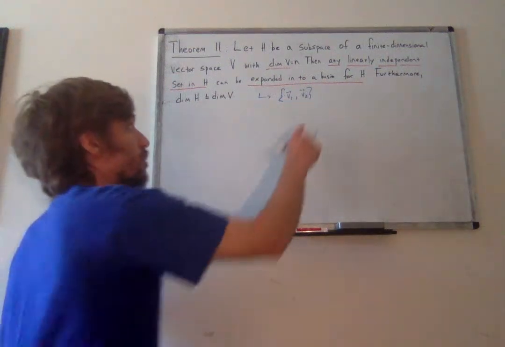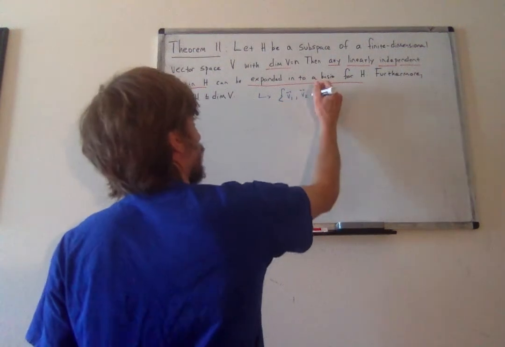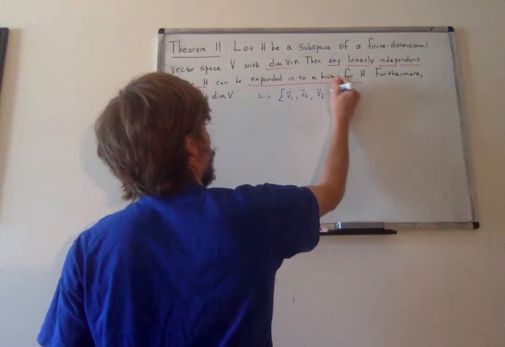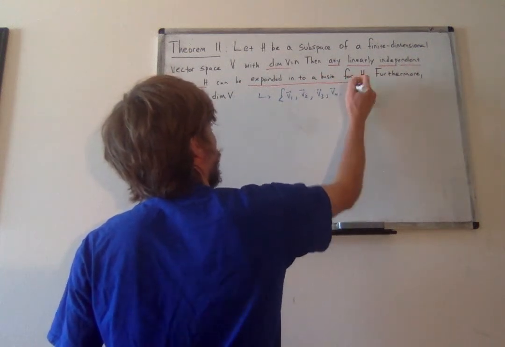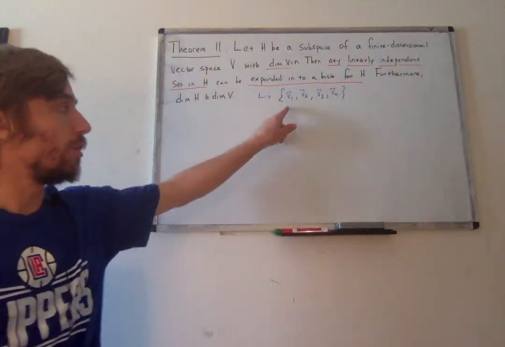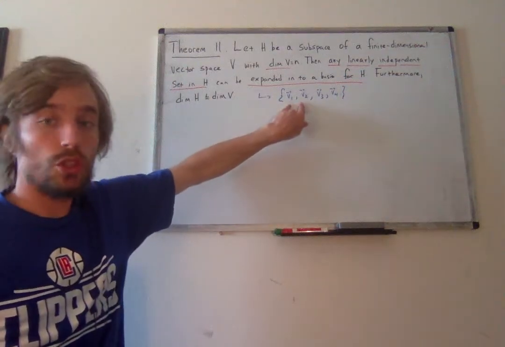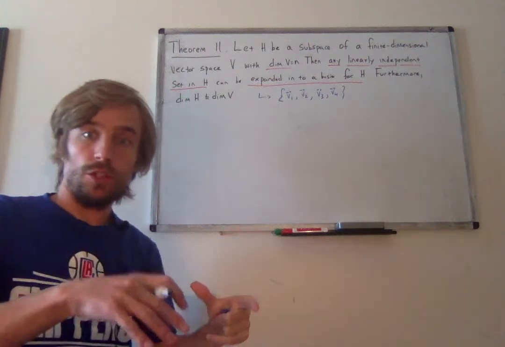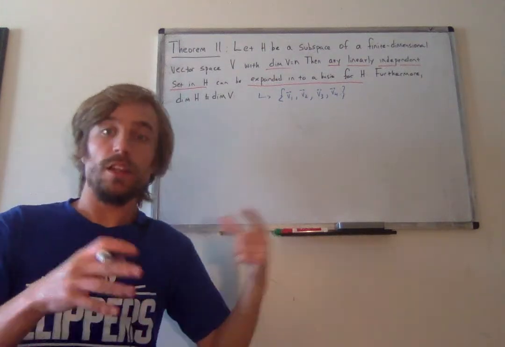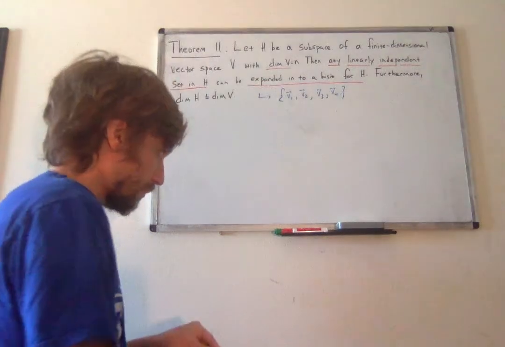What this says is I could start with this set and just continue adding vectors until I got a basis for H. So basically, you could start with any linearly independent set, keeping that original set intact, and just add on to that and eventually get a basis for H.